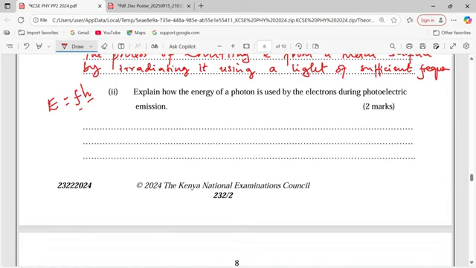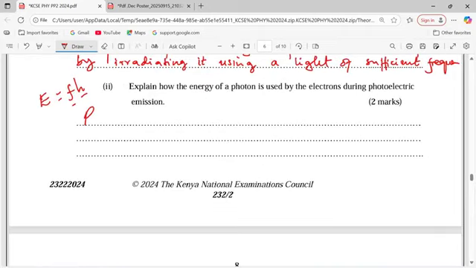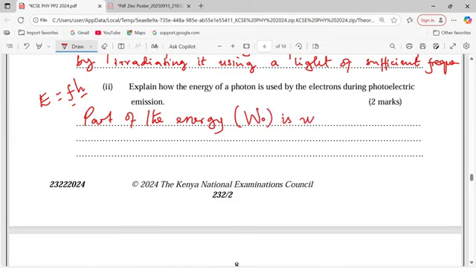Explain how the energy of a photon is used by the electrons during photoemission. Once the energy is absorbed, part of the energy, which we call the work function, is used to dislodge, or rather to emit electrons from the surface by breaking the nuclear attraction.